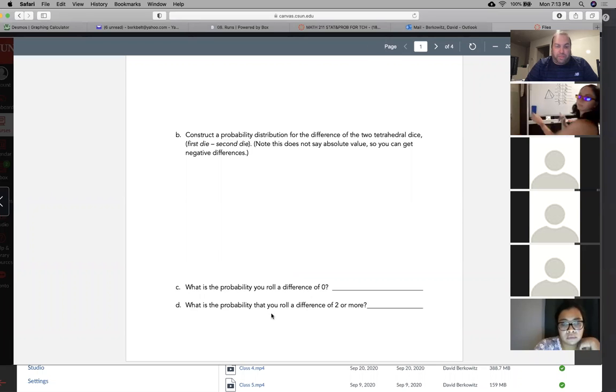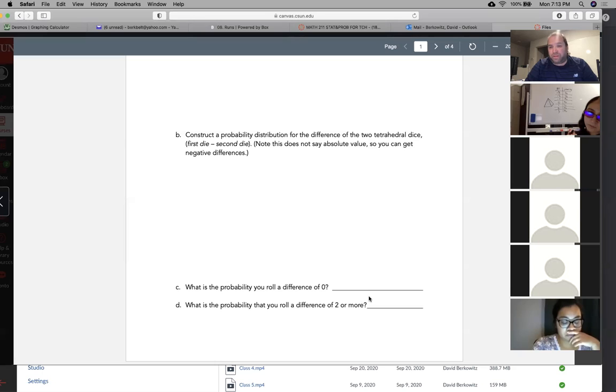And then what's the probability that you roll a difference of 2 or more? Well, 2 or more, that could be a 2, a 3, or a 4. No, you can't get a 4. So that's a 2 or a 3, right? How many ways are there of getting a 2 or a 3 as a difference? 4 out of 16, so it should be 1/4? Let's see. To get a 3, it's a 4 and a 1.